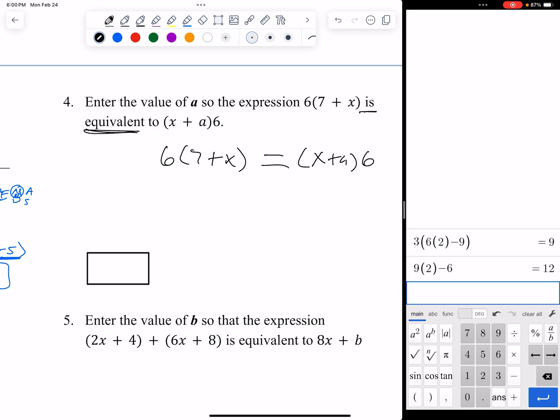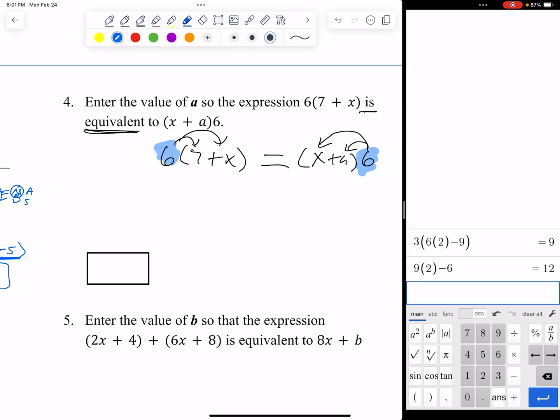So here's what's interesting. Visually speaking, there's a 6 on the outside, and yes, technically, you're going to distribute. It's the same thing. They're trying to trick you.